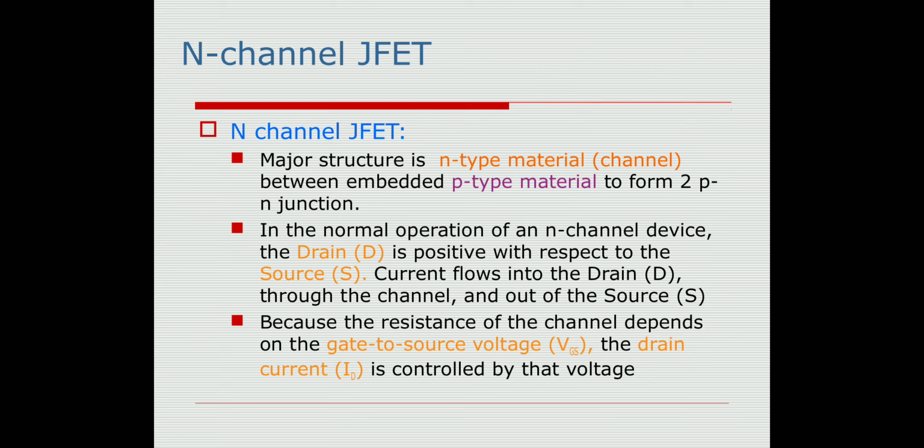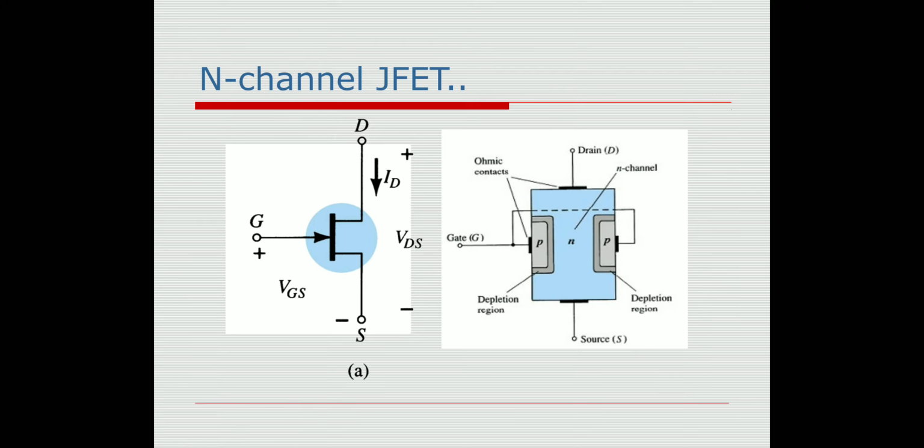Current flows into the drain through the channel and out of the source. Because the resistance of the channel depends on the gate to source voltage, the drain current is controlled by that voltage. See here, this is the construction of N-channel JFET. Drain terminal is connected at one end, source is at the other end.